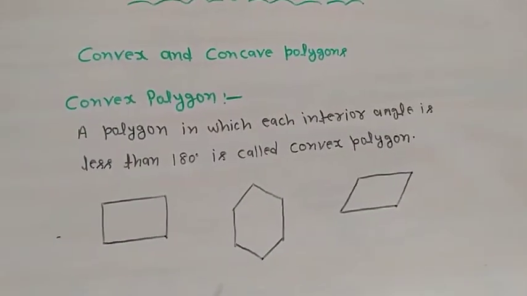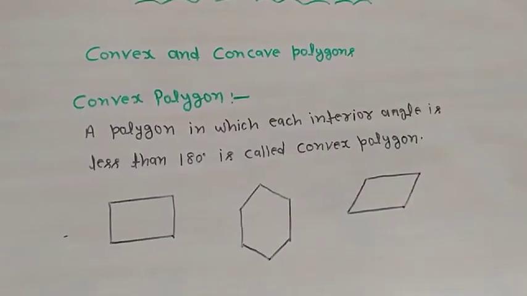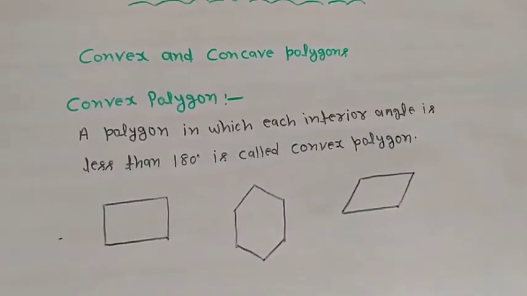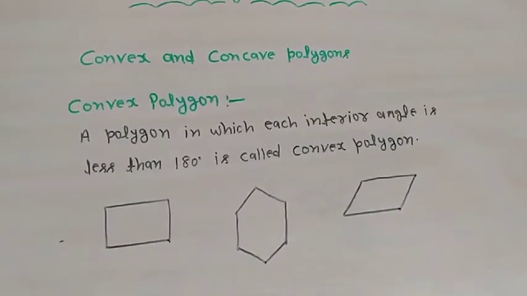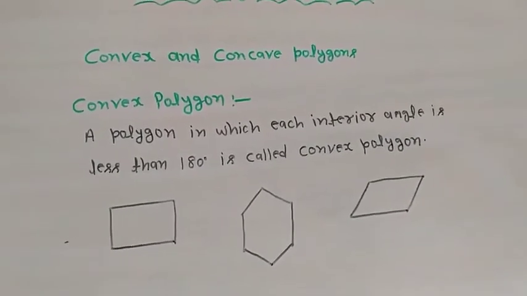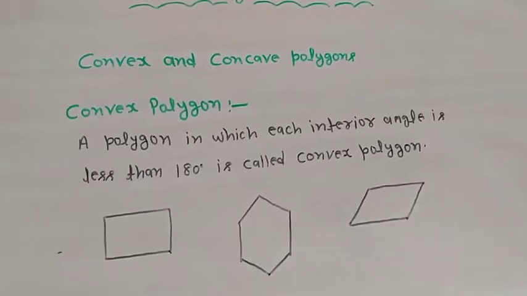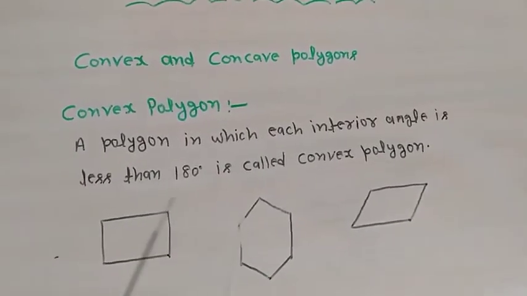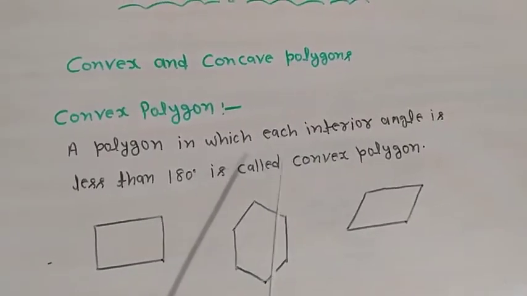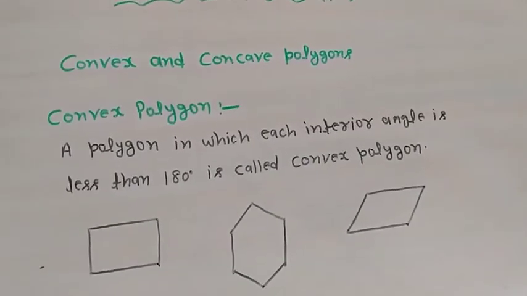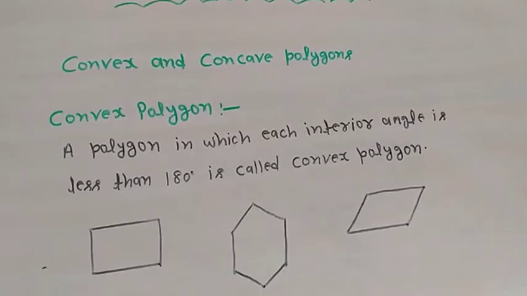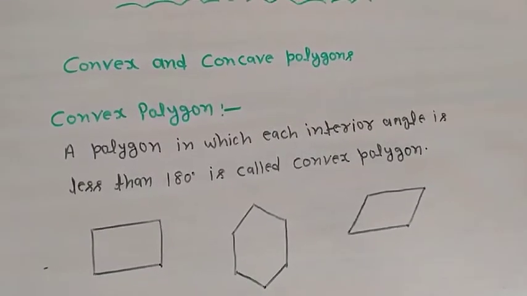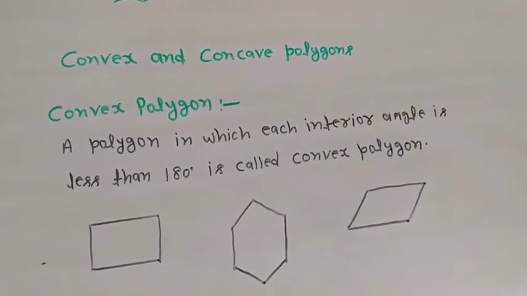Now we are going to discuss convex and concave polygons. So first we discuss convex polygons. A polygon in which each interior angle is less than 180 degrees is called a convex polygon.